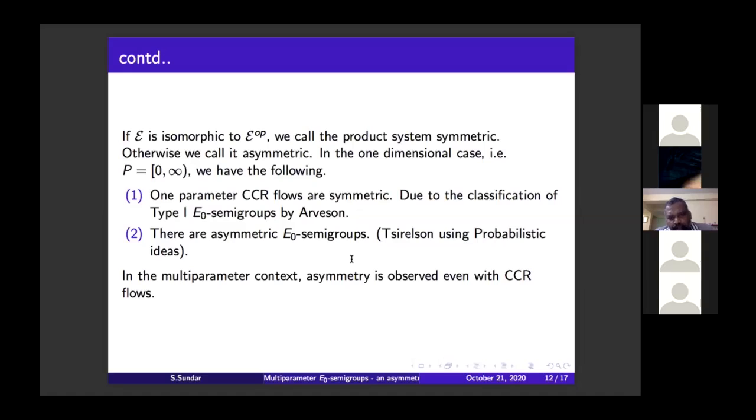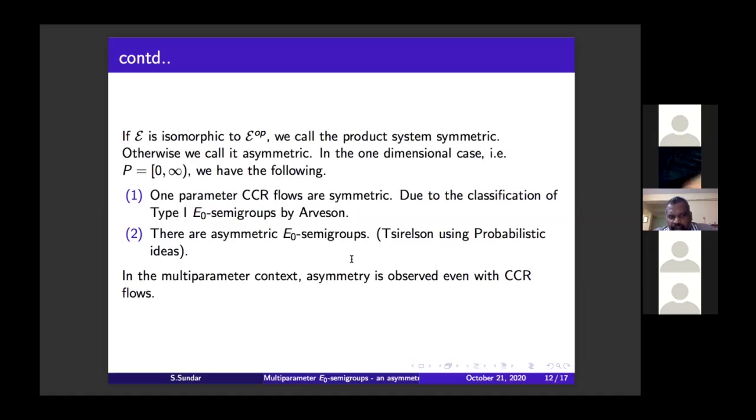This is because Arveson has a complete classification of type 1 E0 semigroups, and they are basically CCR flows. The opposite of a type 1 E0 semigroup is again type 1. So it follows from the classification due to Arveson.